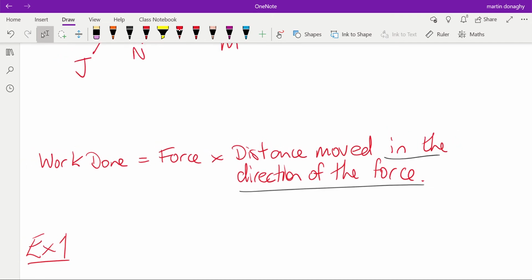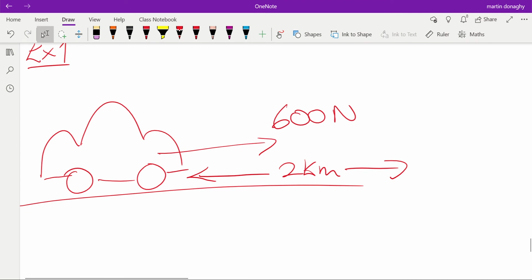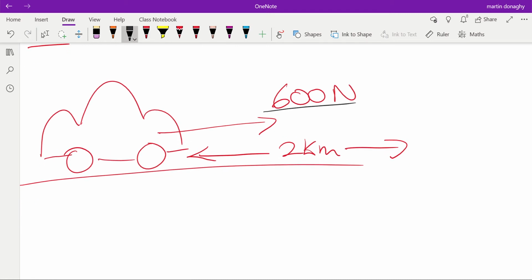So let's look at a little example here. We have a car whose engine is producing a 600 newton force, and we're being asked how much work is done over the 2 kilometre straight. All we do is use the equation work done equals force times distance. We check that the force and the distance are parallel. We then put in the force, 600.